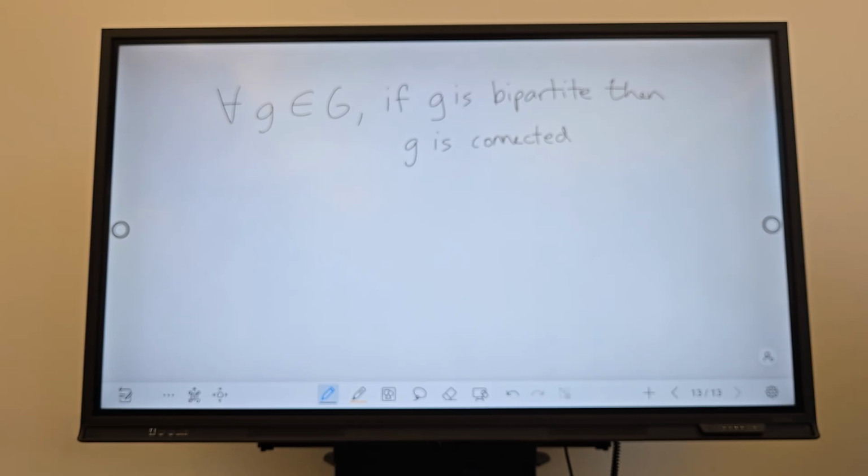Fill in the blanks in the proof for the following theorem. For all integers R and S, if R is even and S is odd, then 3R plus 2S is even.